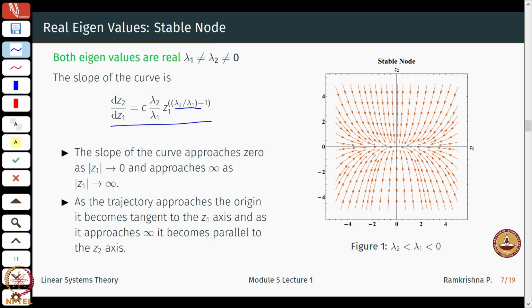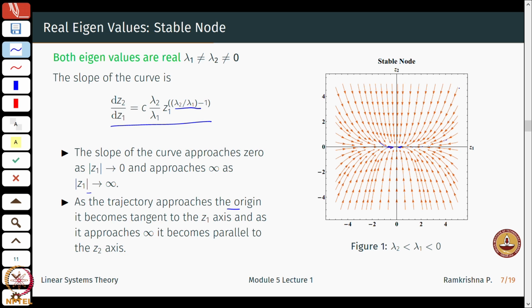Okay. The slope of the curve. So, it is easy to check from here that the slope of the curve approaches 0 as Z1 goes to 0. Second, the slope approaches infinity as Z1 goes to infinity, right. So, as the trajectory approaches the origin, it becomes tangent to the Z1 axis.